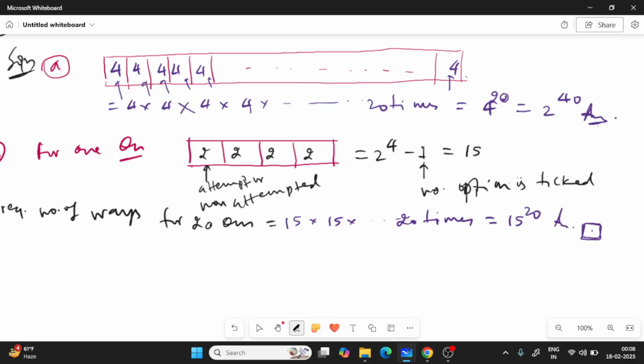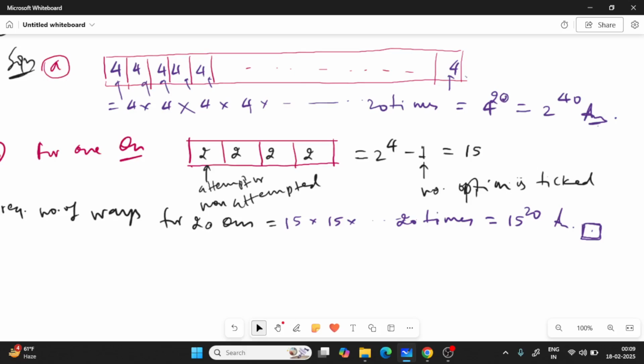But there would be one way where you have filled all the boxes by not attempting, so in that case no option is ticked. But since you have to answer the question, you have to mark at least one of the boxes, so the case when no option is selected would be subtracted.